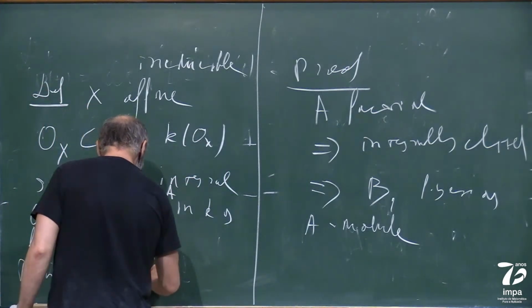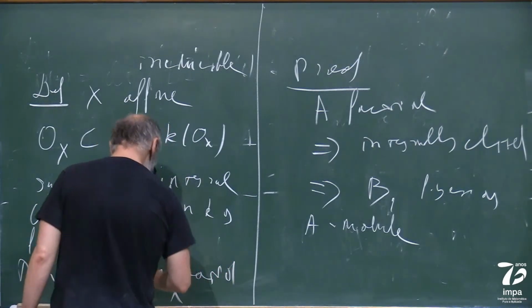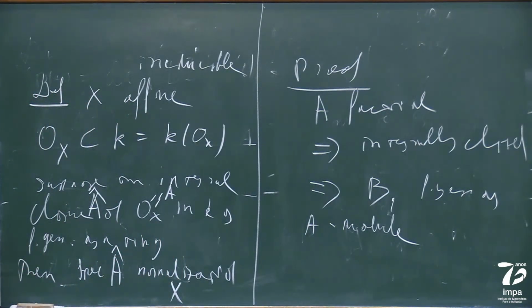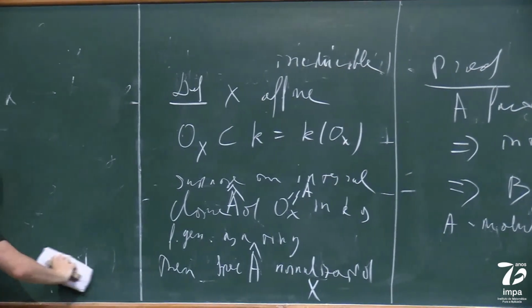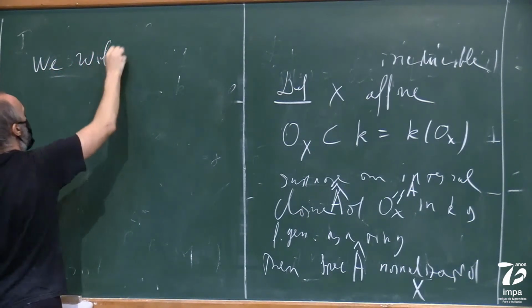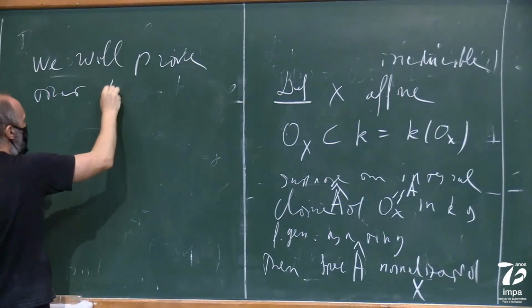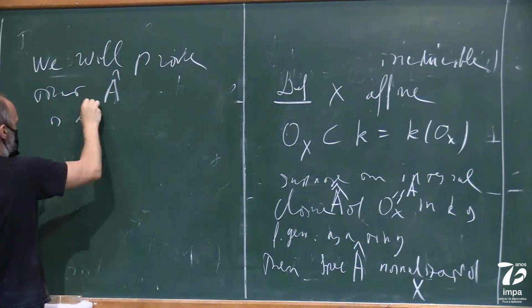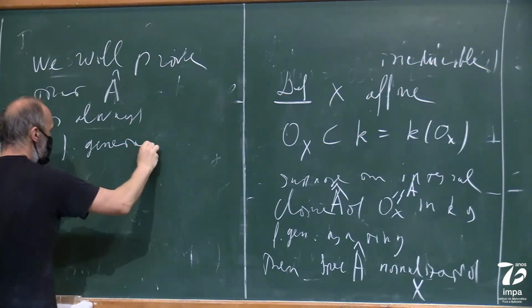It's called the normalization of X. And I will prove that it always exists. So in two or three lectures, we'll prove that A hat is always finitely generated, later.